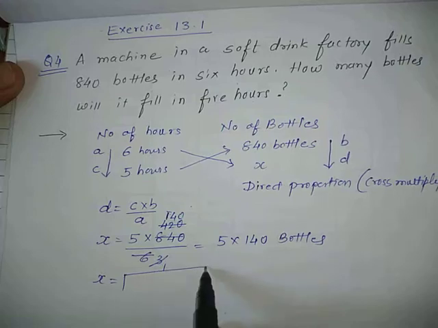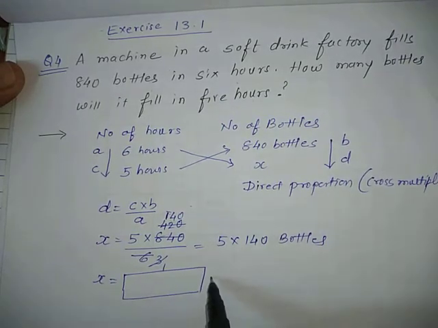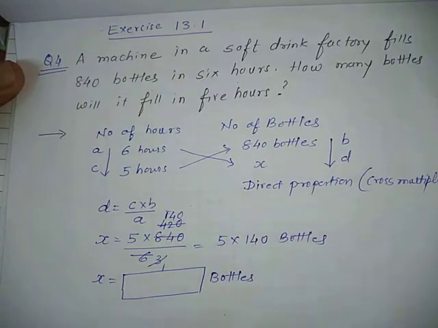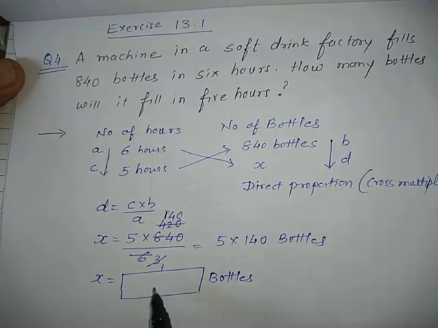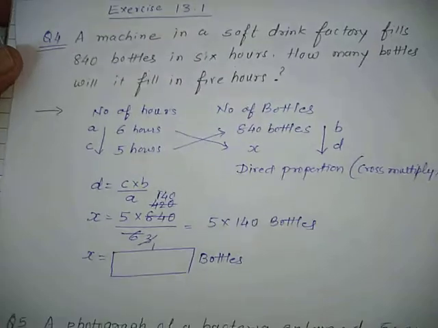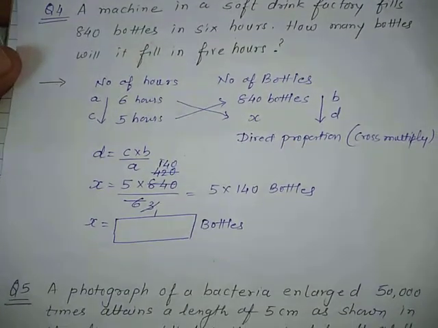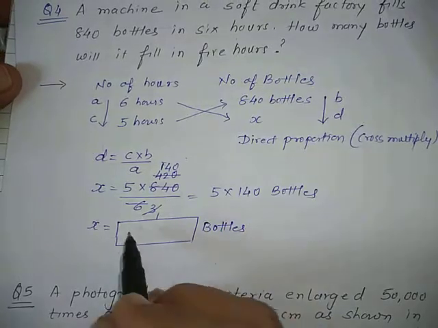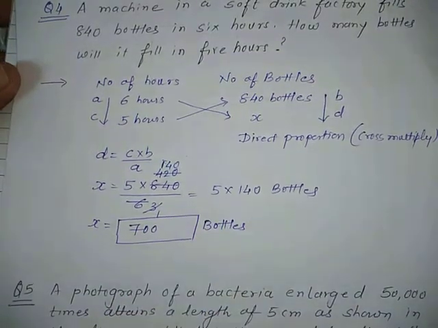So definitely you will get the answer, number of bottles. 5 into 140, 5 4s are 20, okay, 700 bottles are there.